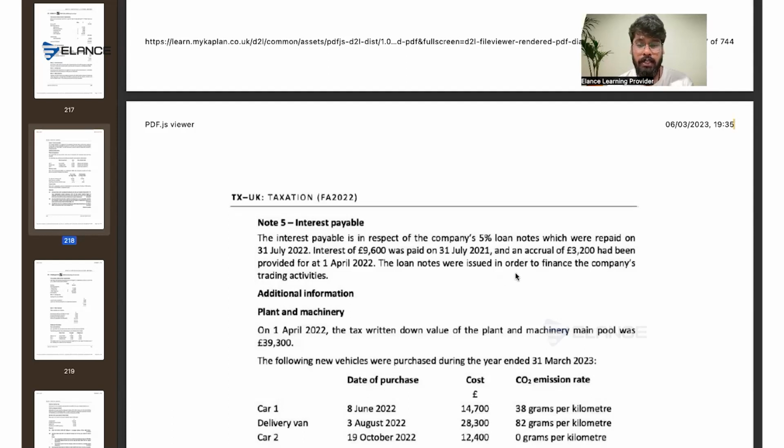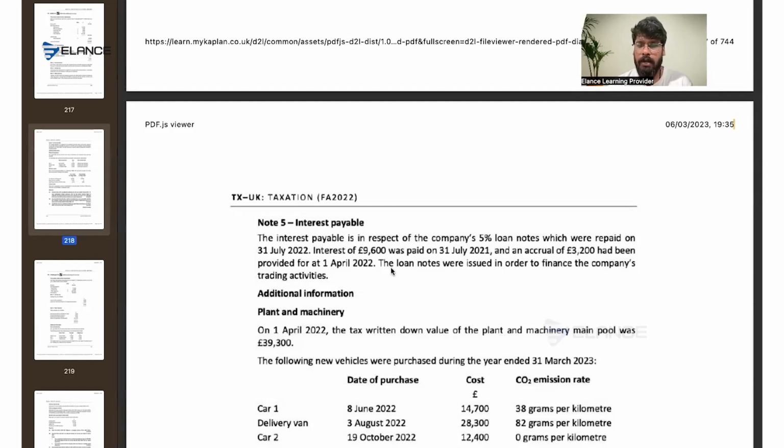The loan notes were issued in order to finance the company's trading activity.